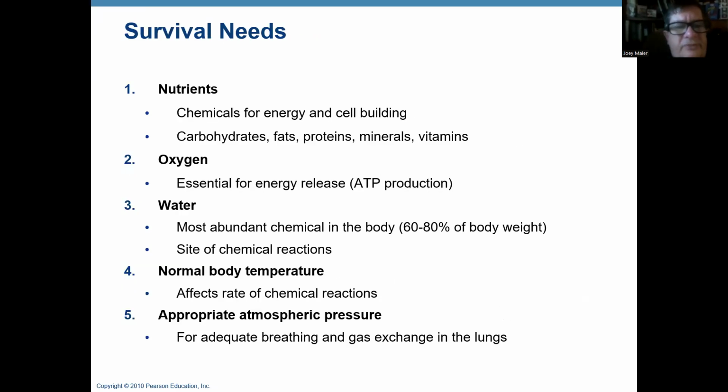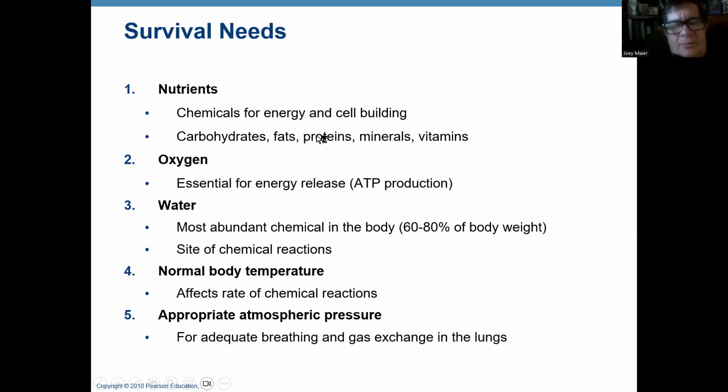So what do we need to survive? We need nutrients, and we're going to talk more about these, but carbs, fats, proteins, minerals, and vitamins. The first three, carbs, fats, proteins, are things that we can break down and use for energy.